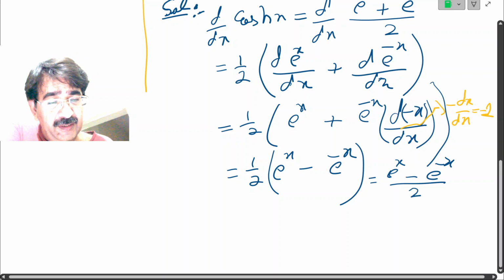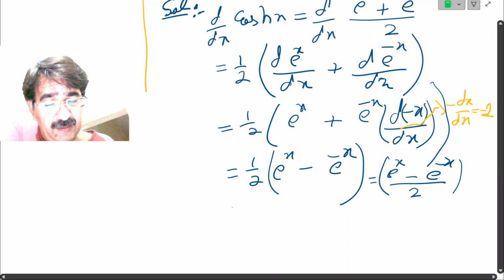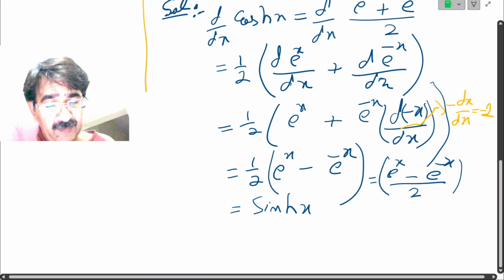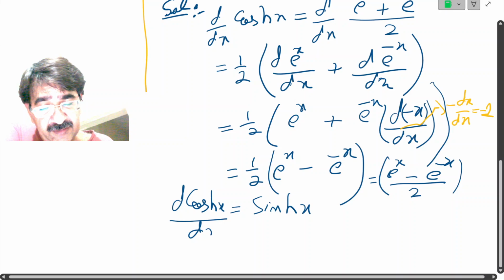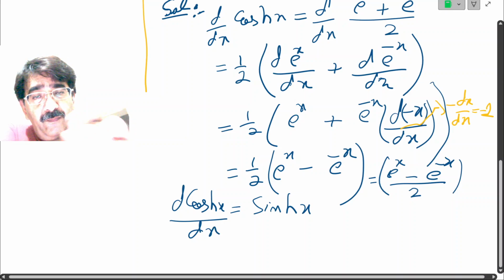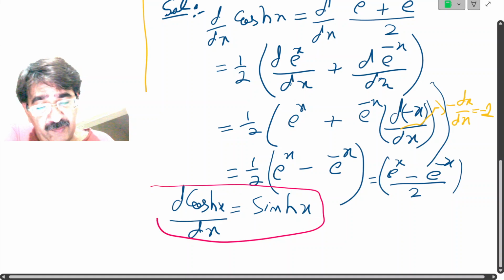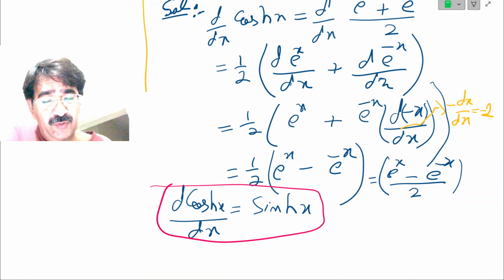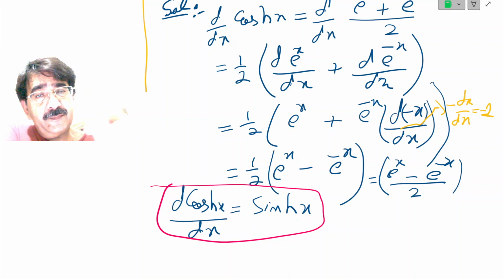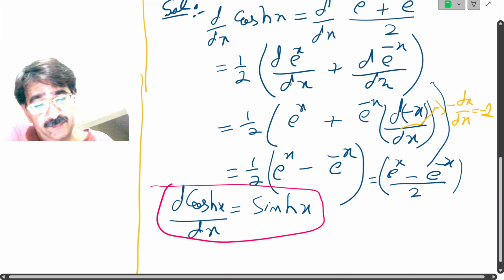So that will actually be the sine hyperbolic x. As I have already explained, the derivative of cos hyperbolic x with respect to x will be your required result. So the derivative of cos hyperbolic x will be sine hyperbolic x.